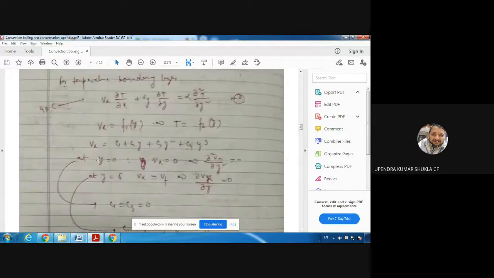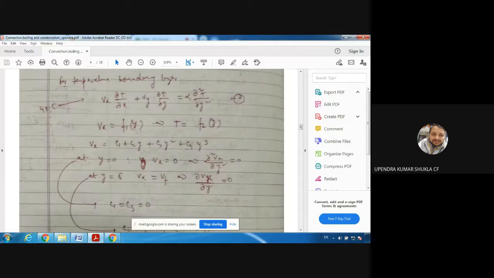So at y equal to 0, two conditions. At y equal to 0, that is at the flat plate, you must have Vx equal to 0 due to the no slip boundary condition, and del 2 Vx over del y square is 0. The shear stress at the wall is not 0, but the shear stress gradient is 0.